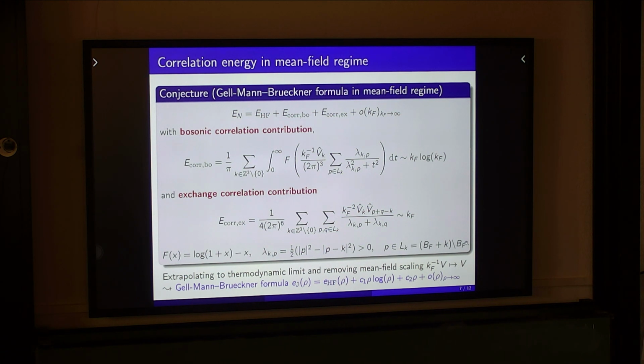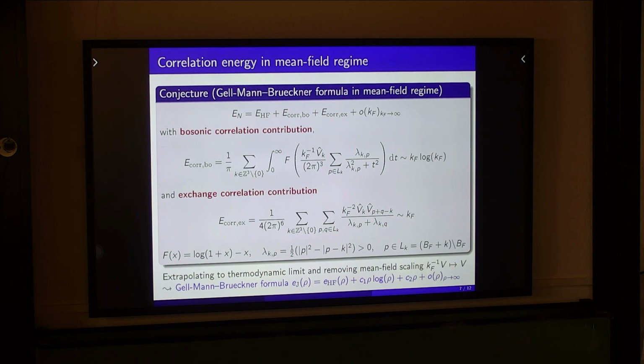So now what is that? For a given momentum k, B_F is the Fermi ball. Let's say this is the middle, you shift it by k, so you get the second ball.